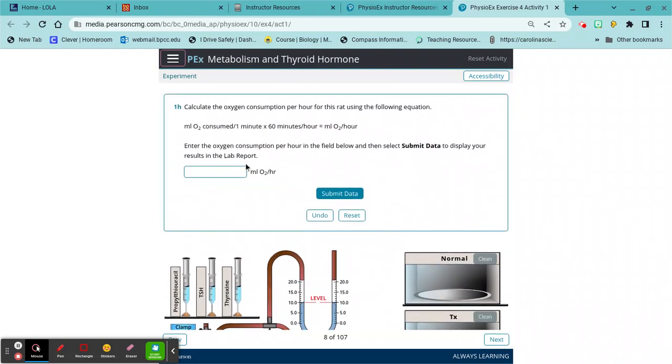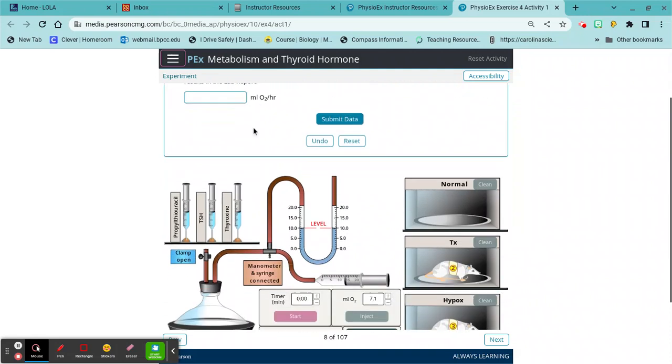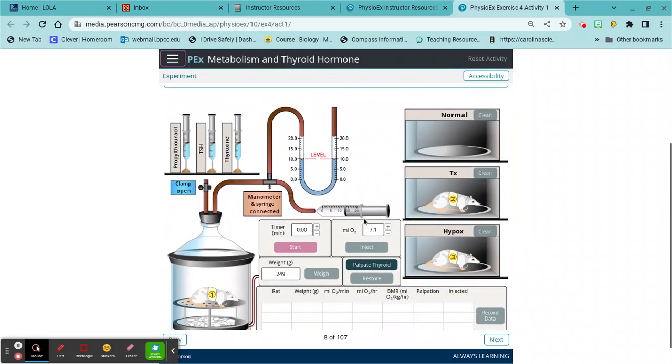All right, so calculate the oxygen consumption per hour for the rat using the following equation. So we have the milliliters of O2 consumed divided by 1 minute, and we times that by 60. So what we do is we go to that value that we had. It was 7.1.